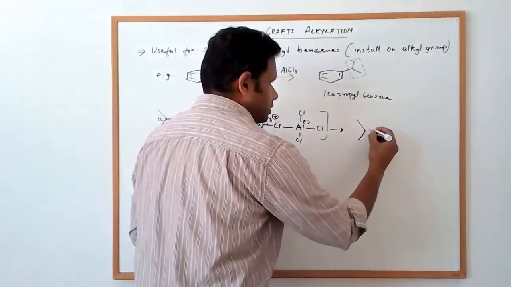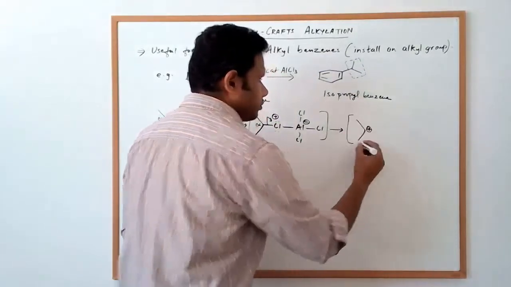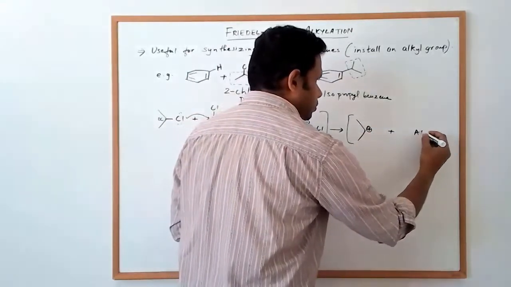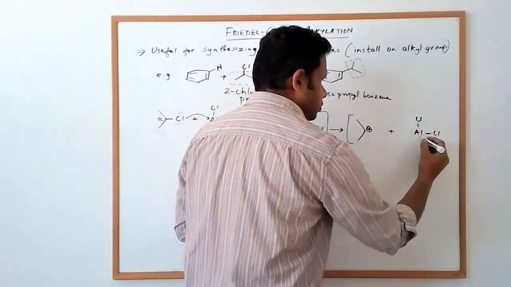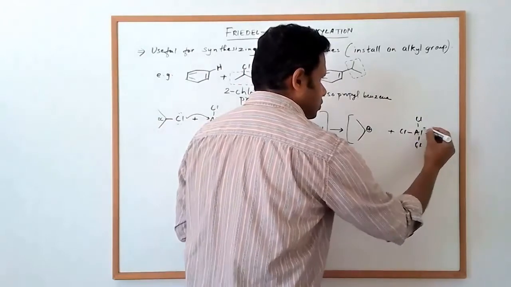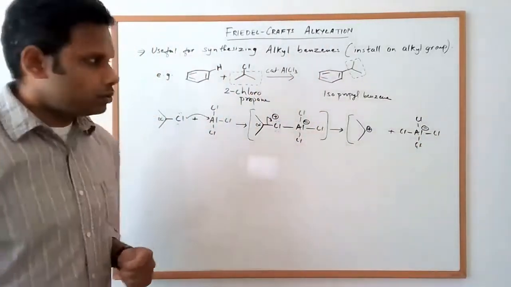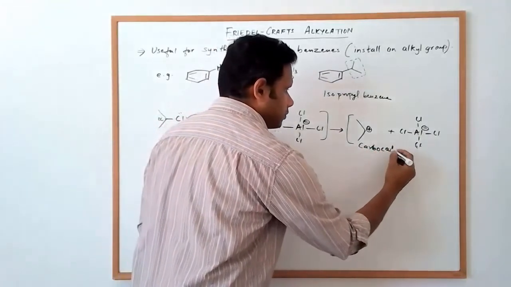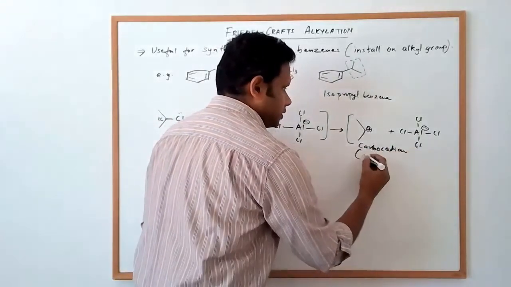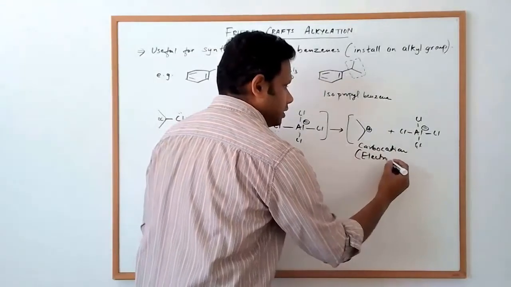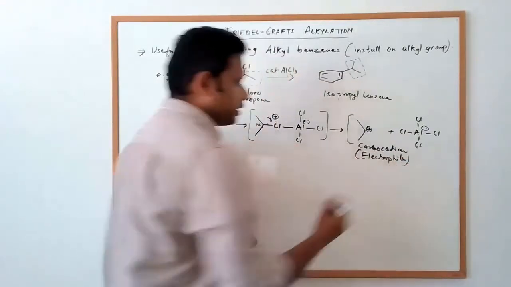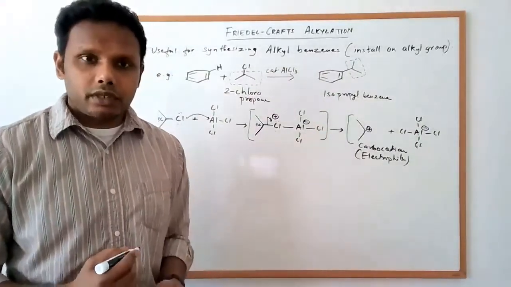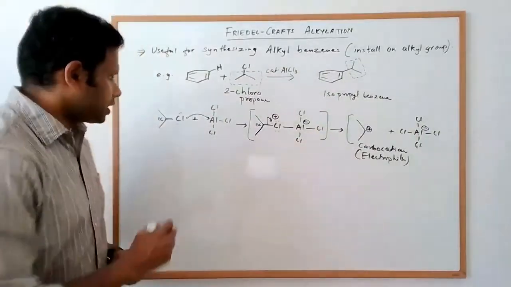This would essentially now give us a carbocation plus the aluminum species, where the aluminum has 4 chlorines connected to it. So it gives us a carbocation, which serves as the electrophile in this particular reaction. The carbocation that's generated is the electrophile in this reaction.